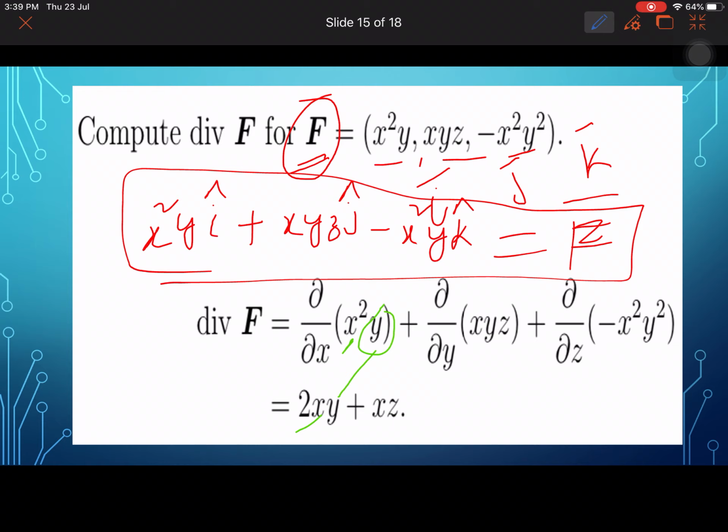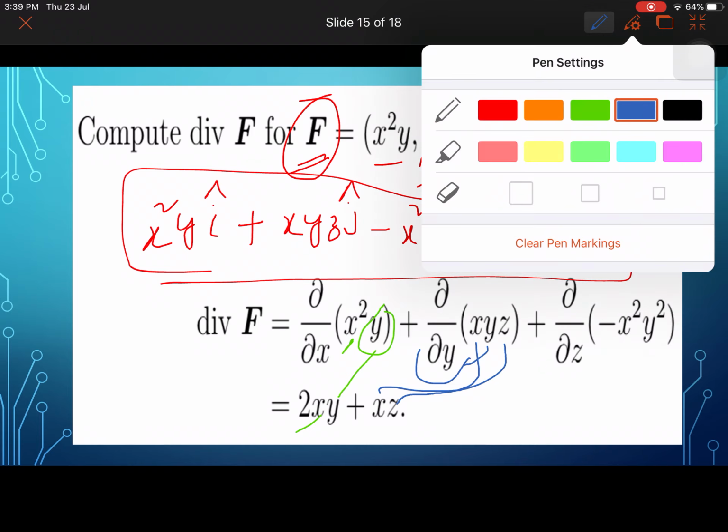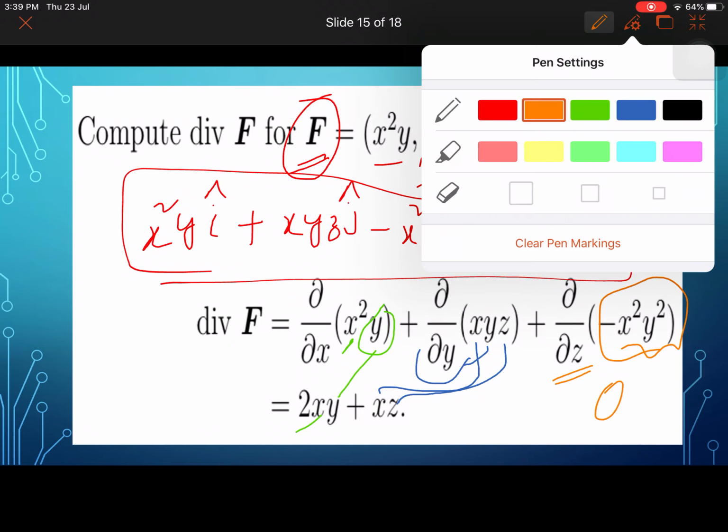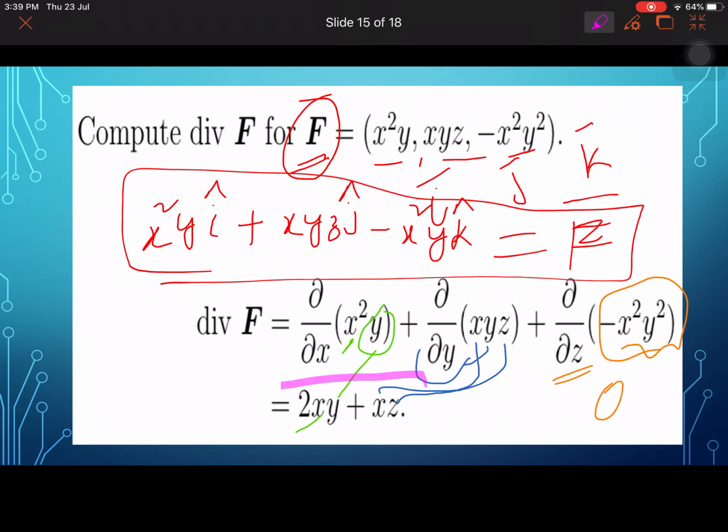In case of the next one, with respect to y, only y is varying, so x and z should be considered as constant. So dou by dou y of y equal to 1, that equal to x into z. With respect to z, if you differentiate x and y functions, the value equal to 0. So my dear friends, the final value is 2xy plus xz.